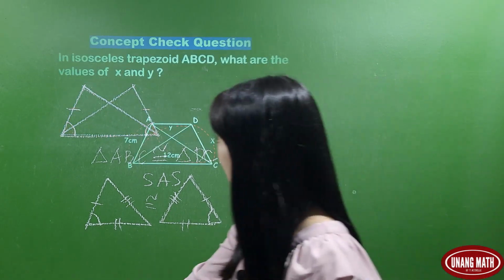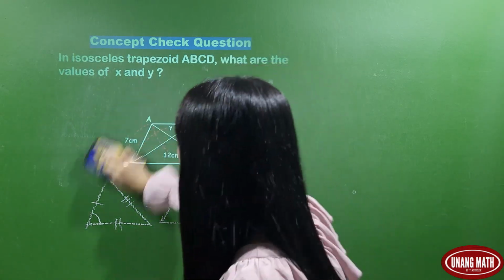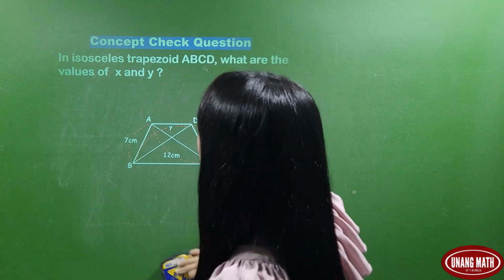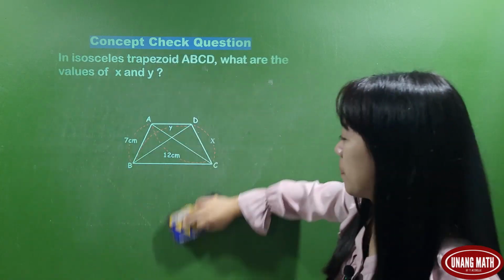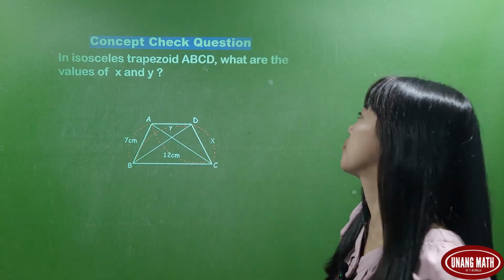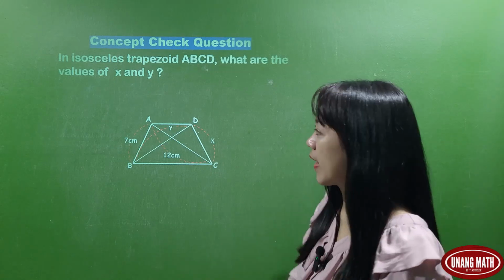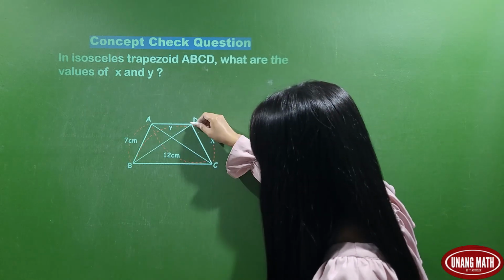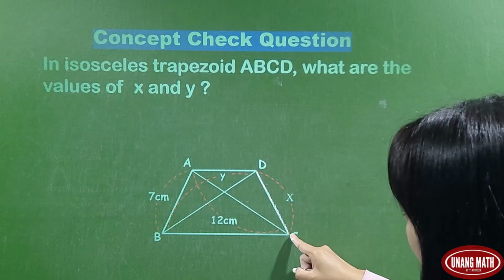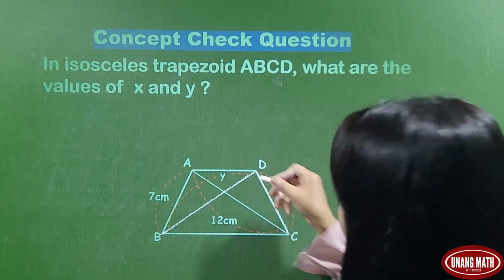Okay, let's give an example by answering this concept check question. In isosceles trapezoid ABCD, what are the values of x and y? So x here is the length of this side. Y is this diagonal.